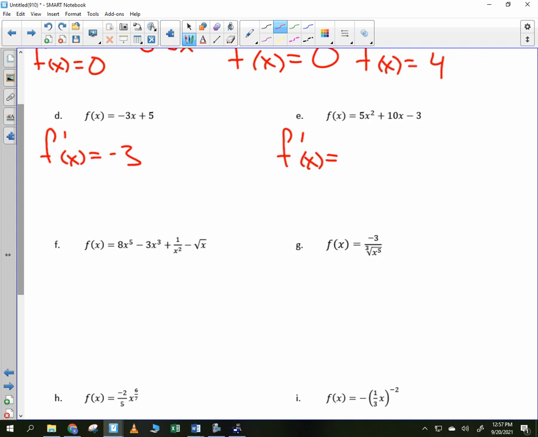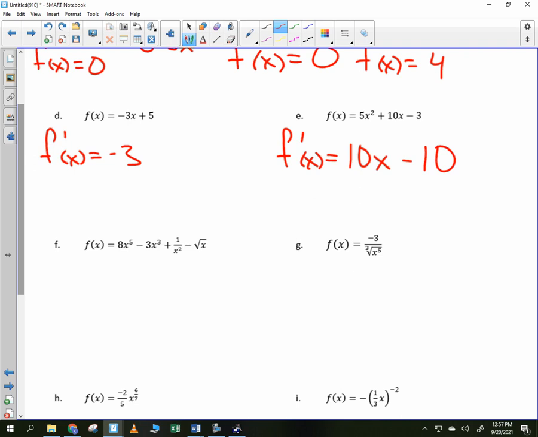Limit as h goes to 0 of f of x plus h minus f of x all over h. What's the derivative of 5x squared? Drop the 2 in front and you will get 10x minus, what's the derivative of 10x? 10. What's the derivative of negative 3? 0. So you're done.